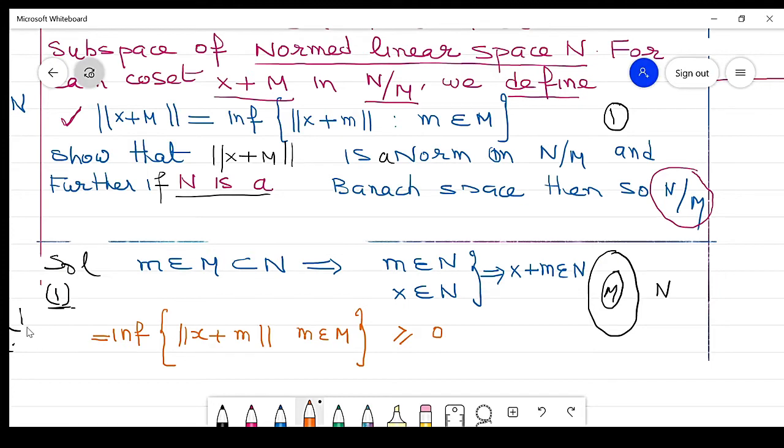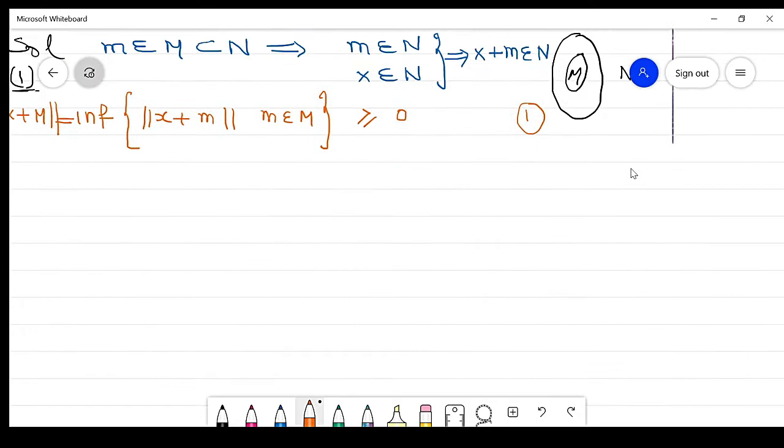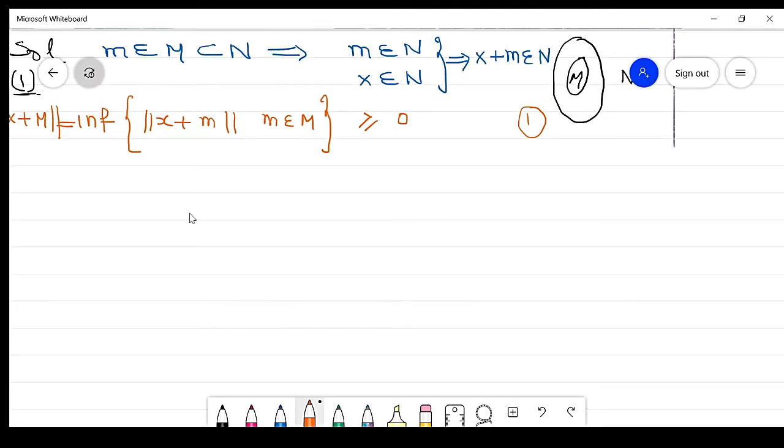So what is this? It is the norm of x plus capital M. So we prove the first property, that the norm of x plus M, which is the infimum of the norm of x plus m, m belongs to capital M, is a number greater than or equal to 0.